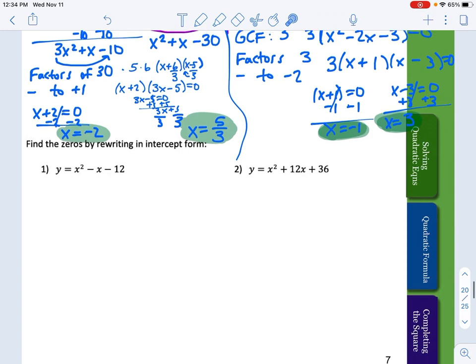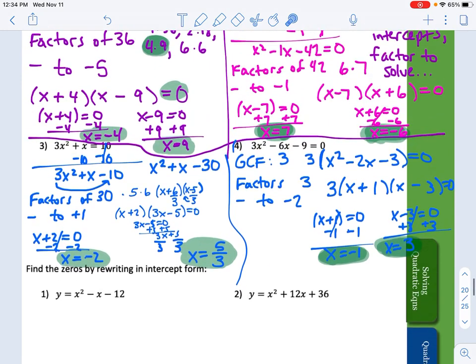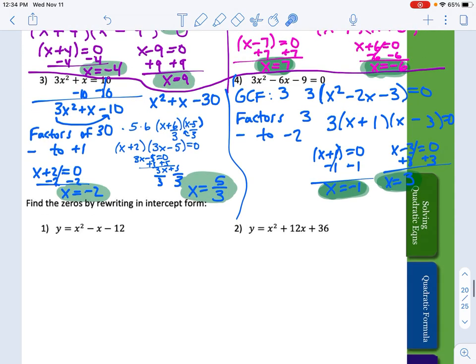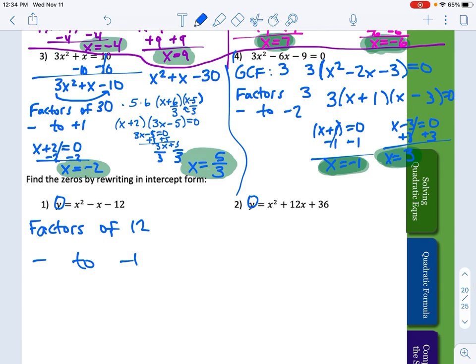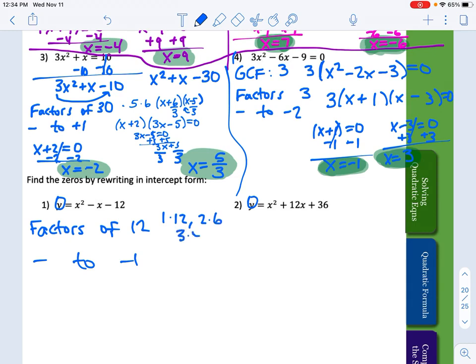All right, these next ones, it's the same thing. Find the zeros by writing in intercept form. Instead of just having it equal to 0, they have it equal to y, but then you just know that the y has to be 0 to find the intercept. So basically just do the same thing. You're going to do factors of 12 that subtract to -1. I know we have quite a few factors of 12: 1 and 12, 2 and 6, 3 and 4. The only pair that can subtract to a -1 is 3 and 4.